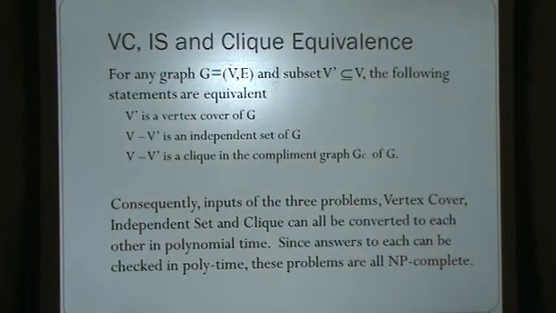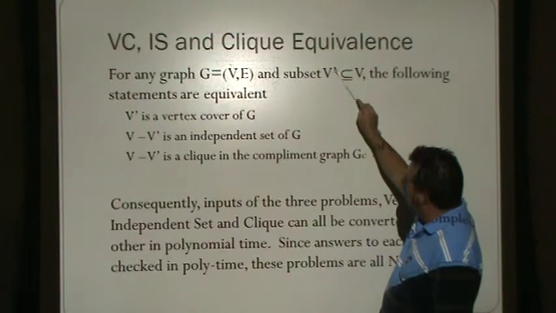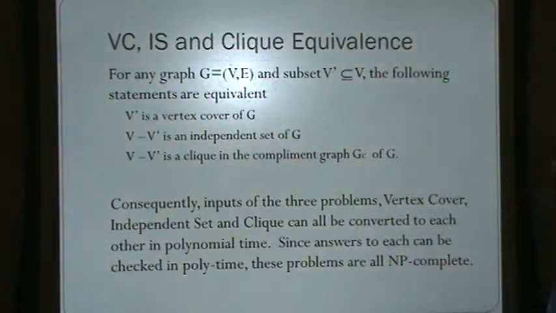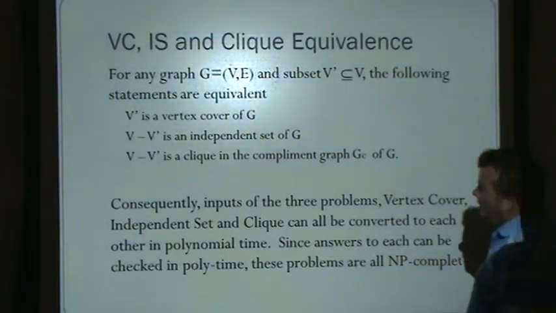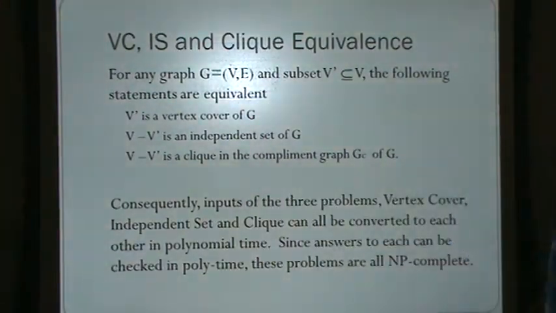So the connection between these three problems, the vertex cover, the independent set, and the Clique equivalence, is basically saying if you have a graph, anytime you have a graph, if you have a subset of the vertices, V prime, the following statements are equivalent. If V prime is a vertex cover of the graph, then all the points, not including the V prime ones, all the other points must be an independent set.